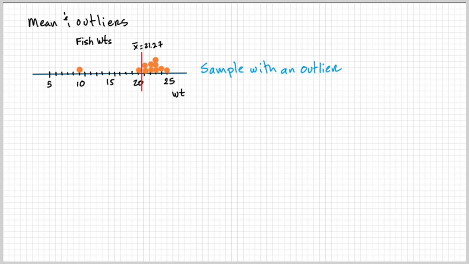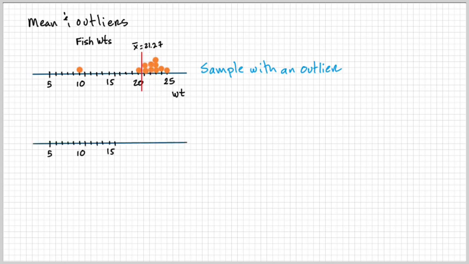Now, if we get rid of that outlier, do we suspect that the mean will change? Probably, because we can see that in this group of data points, that seems to be where the typical values are going to be, in particular between 20 and 25.